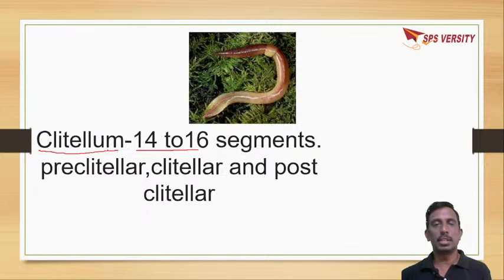Based on this clitellum, the entire body of earthworm can be divided into three parts: preclitellar, that is 1 to 13 segments; clitellar, 14 to 16; postclitellar, 17 to the last segment.